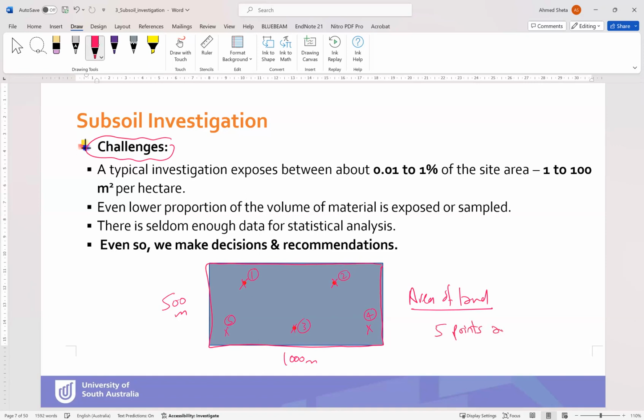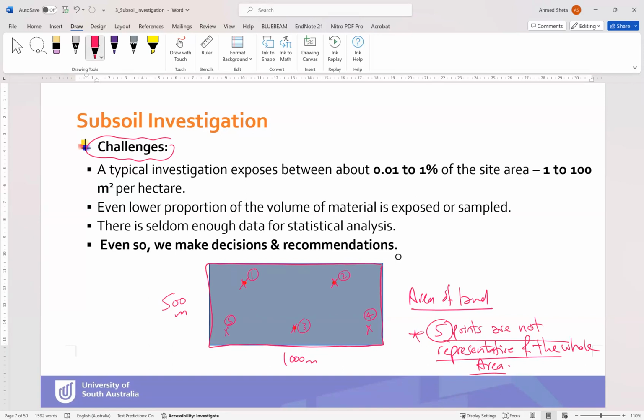are not representative of the whole area. You cannot do soil investigation for the whole area, because this will be too much work and too much money.